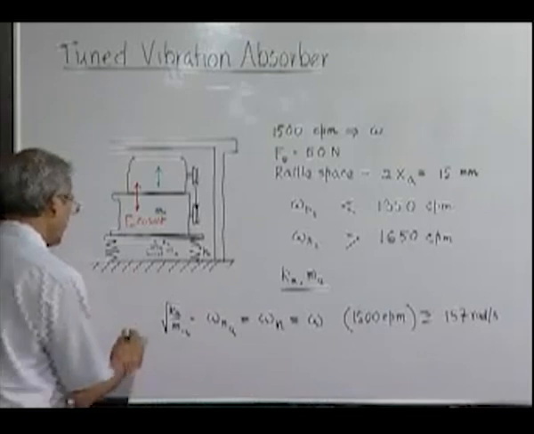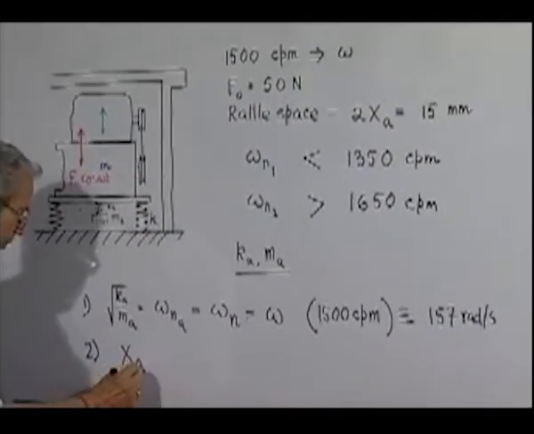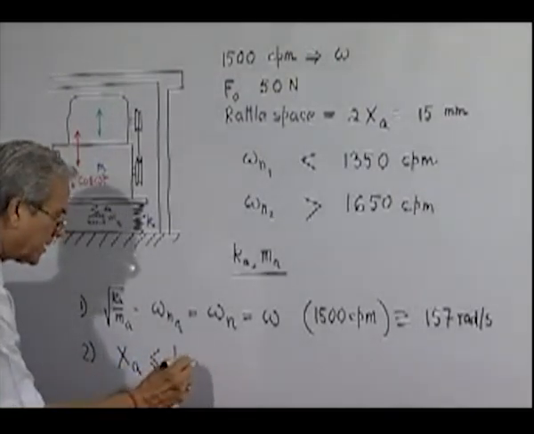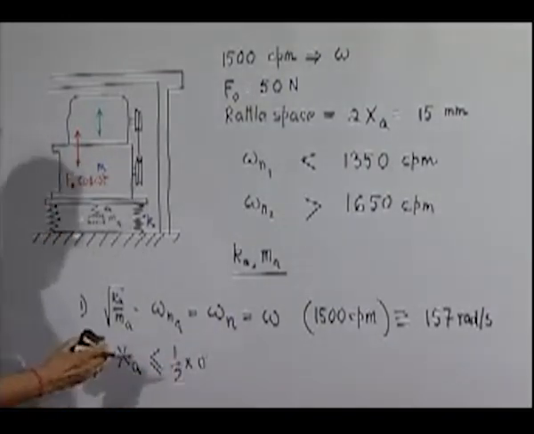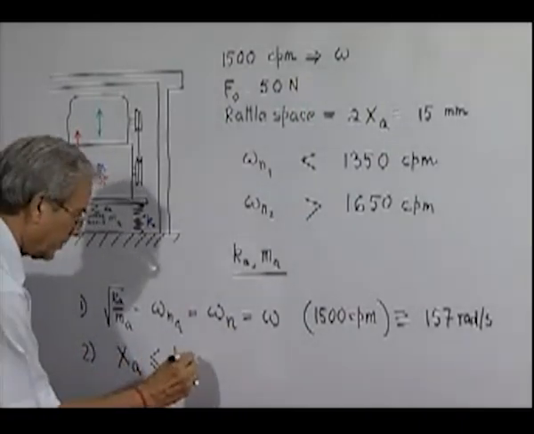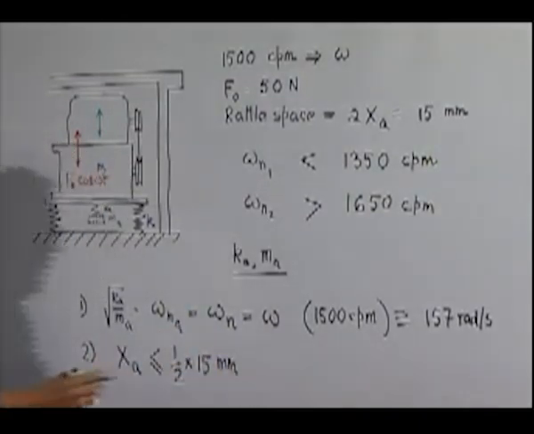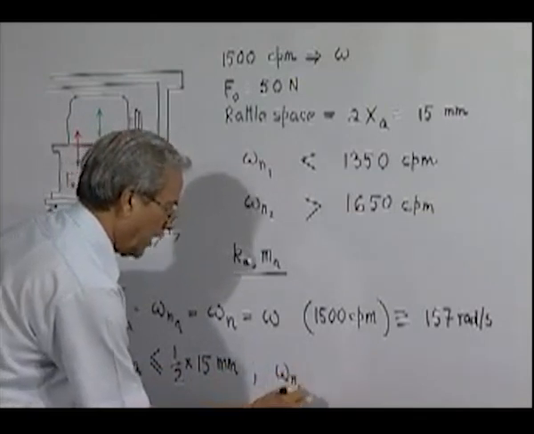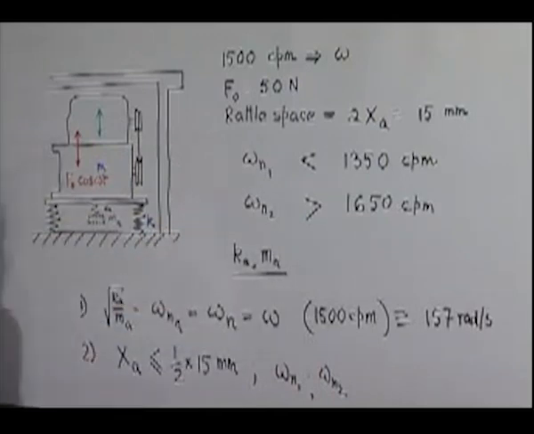That is one condition. Second condition, xa must be less than or equal to half into rattle space, that is 0.15 millimeter. I think let us keep it at millimeter only. And third thing is that omega n1 and omega n2 must lie outside this region.